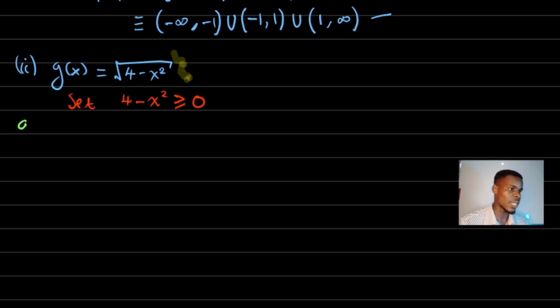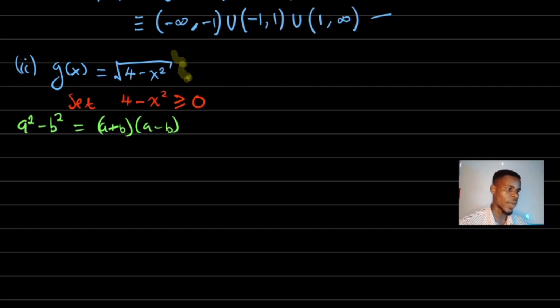I'm going to use the fact that when we have a difference of two squares, for example a squared minus b squared, we can factorize that as a plus b times a minus b. Where 4 can be written as 2 squared, and x squared is already there. So they have this form, so we can make use of this.